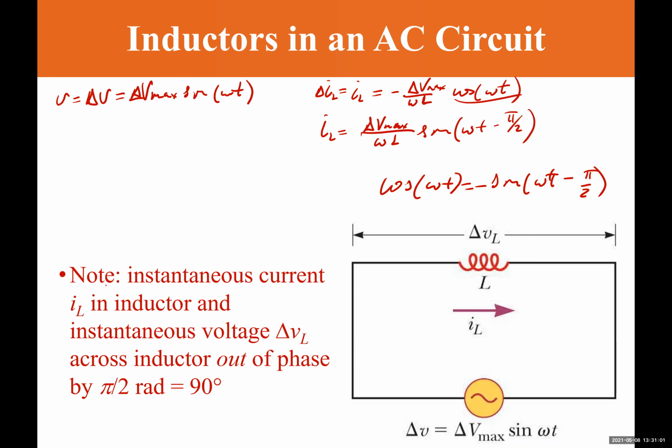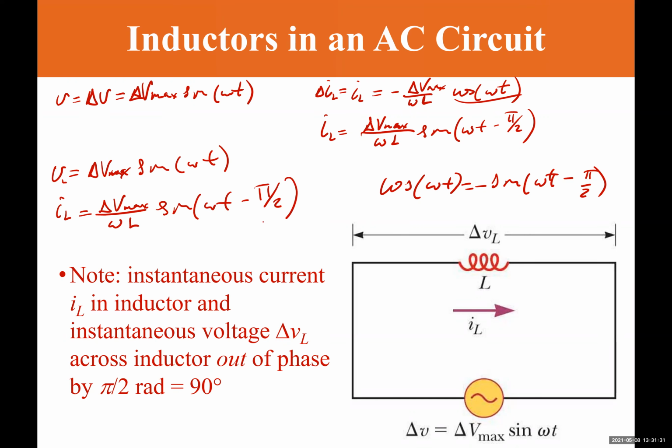That's already a difference compared to the resistor, where they were in phase, but here they are out of phase. Again, V equals delta V max sine of omega t, and the current equals delta V max over omega L, then sine of omega t minus pi over 2.